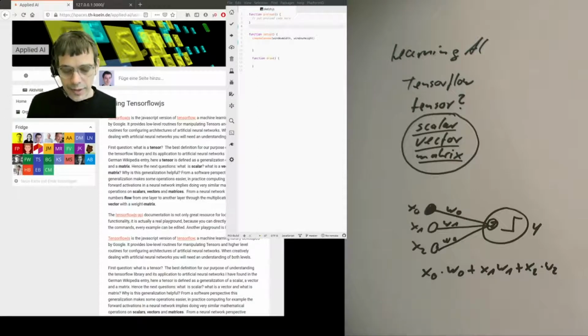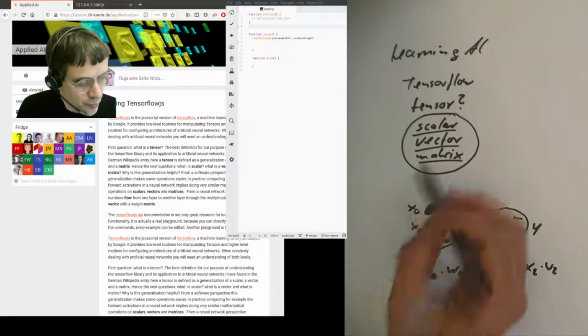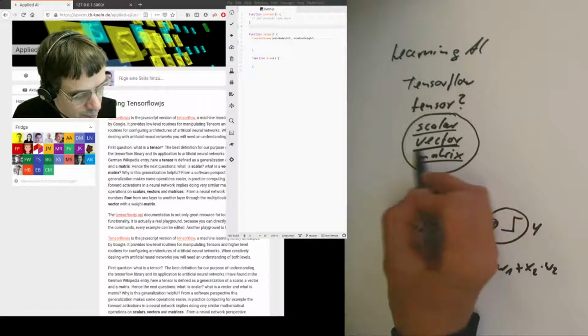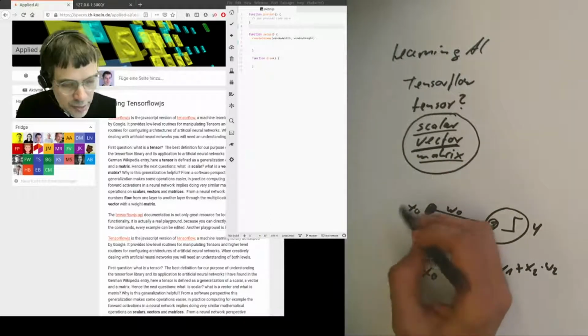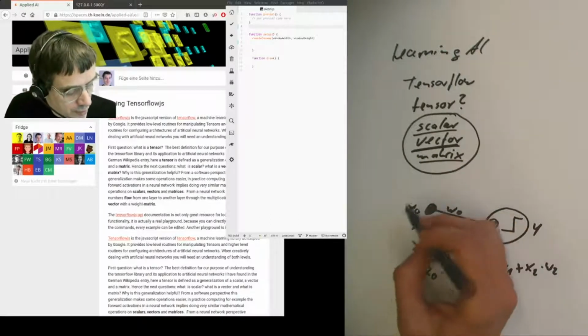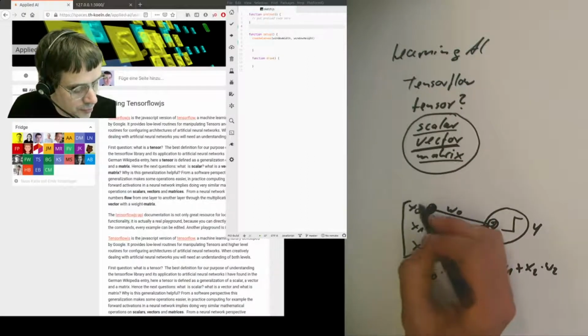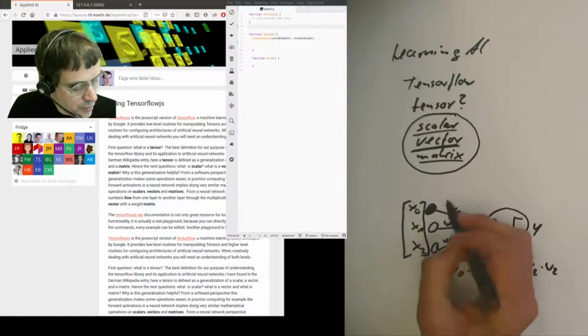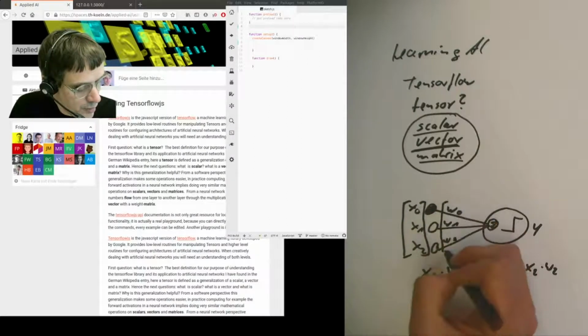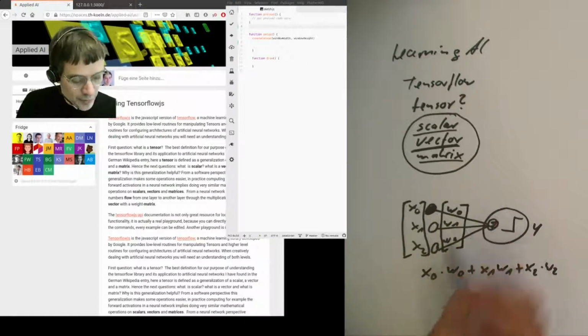And now, to first explain the concept of a vector, you can write both this input as well as the weights as a vector.